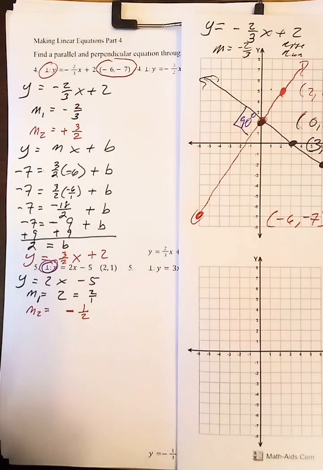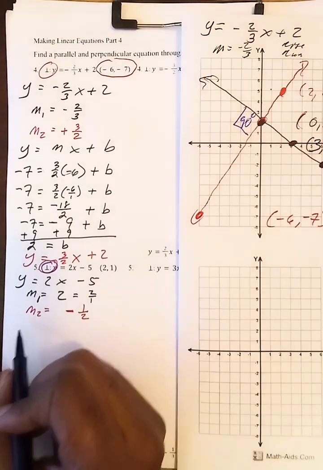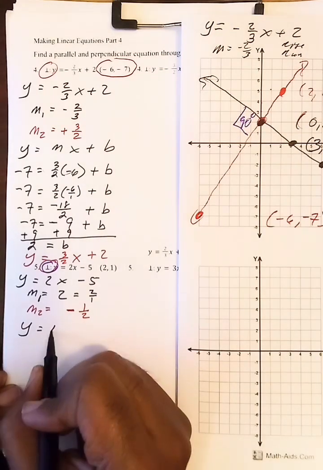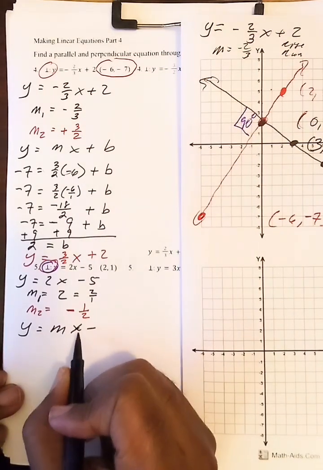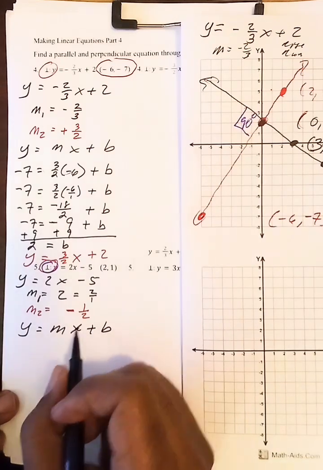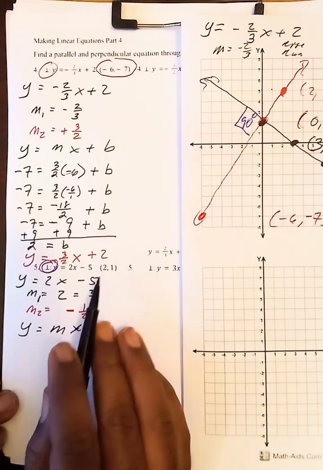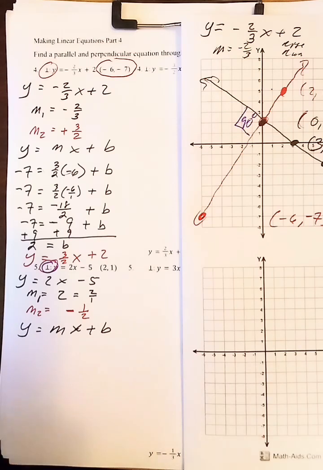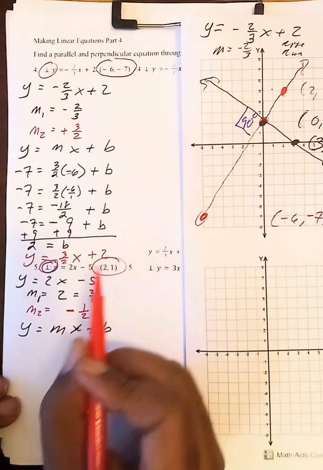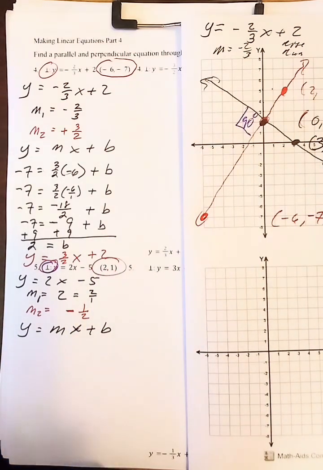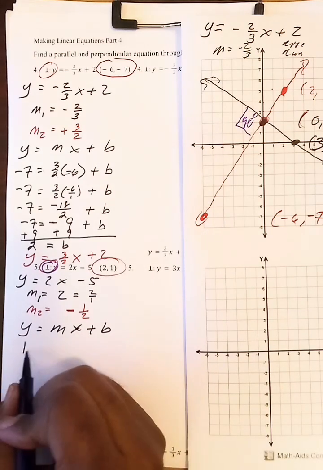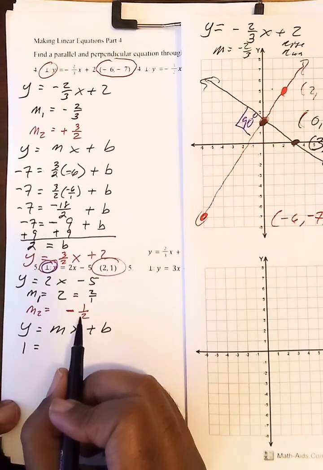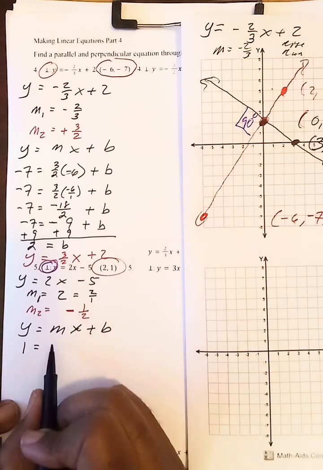So let's start with our slope-intercept form, y equals mx plus b. The y that we're going to use here will be from this point right here, which will be a 1. The slope we'll use from here, which will be the negative 1/2.